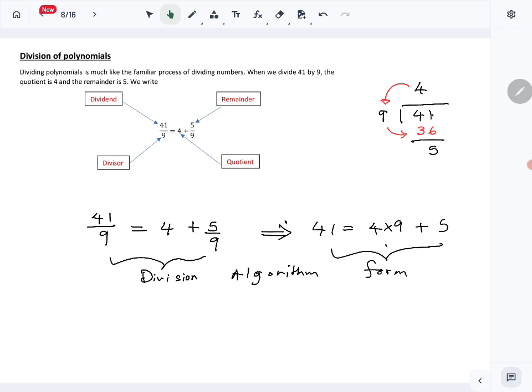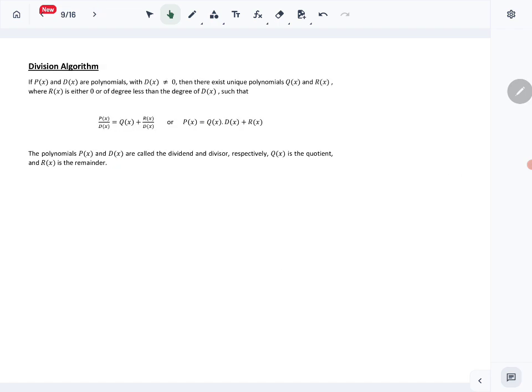Okay, so remember these names of these terms. What you put inside is the dividend, what you divide by is the divisor, what you get up here is the quotient, down here is the remainder, right? Okay, now let's formally introduce the division algorithm, right?